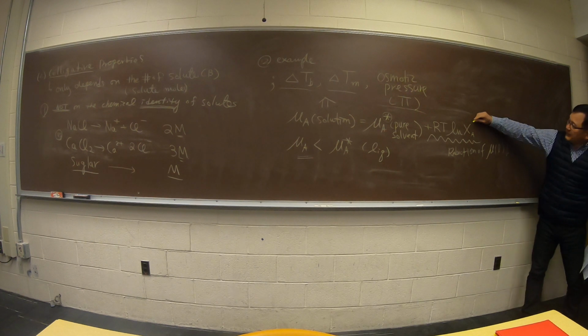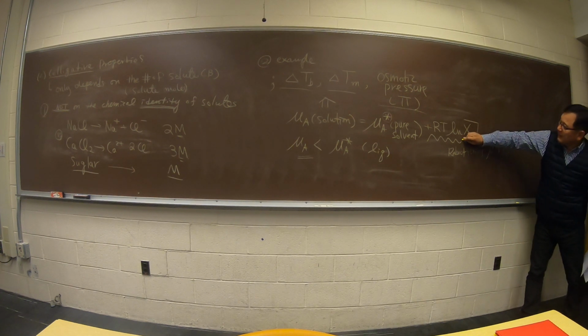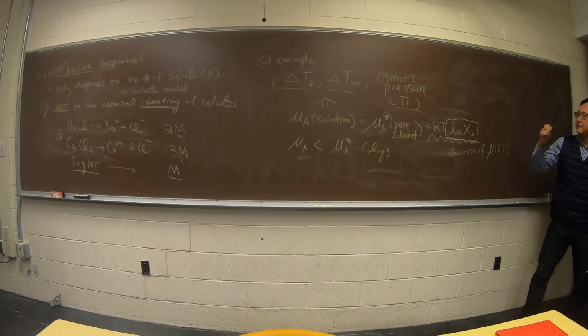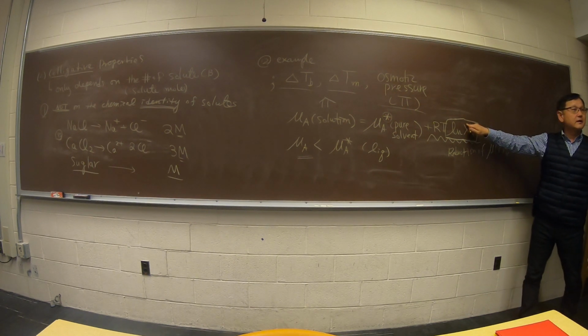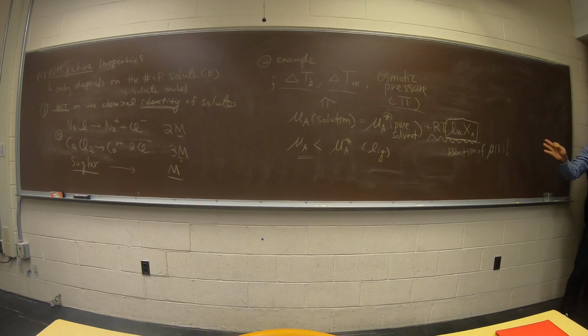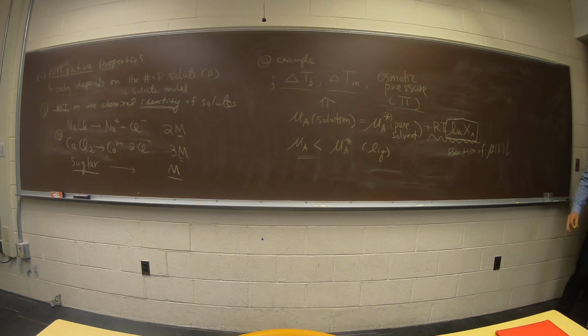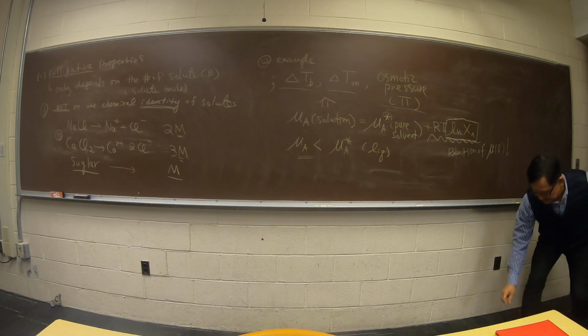This is mainly governed by natural log of XA, and XA is a mole fraction, which has nothing to do with the chemical identity of the solute. Therefore it is one of the very simple ways to explain that this is a colligative property.